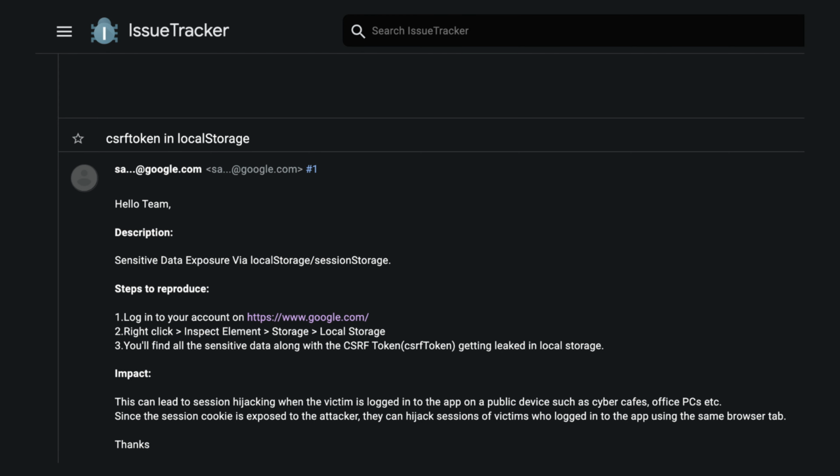So let's take a look at this example report. You first have to log into your account on google.com and then look at the local storage in the browser, which contains some sensitive session information. Here the researcher is pointing out that sensitive tokens like the CSRF token are being stored in the local storage of the browser. And if we take a look at the impact section, we'll realize that the possibility of these tokens being exploited by a malicious attacker is extremely low.